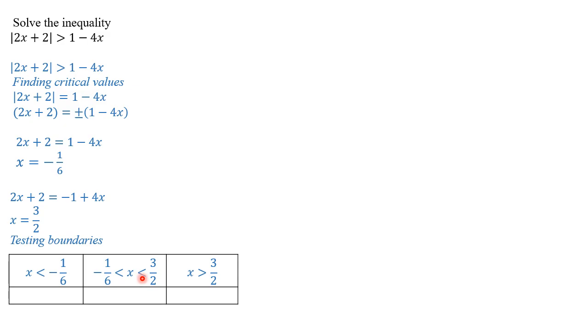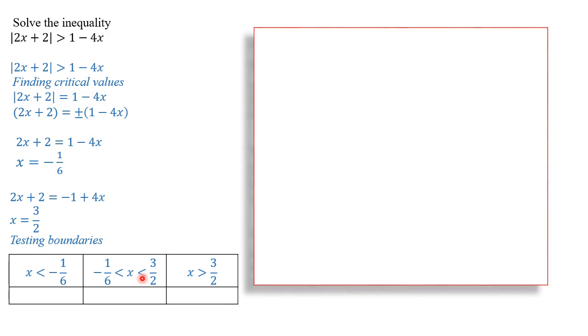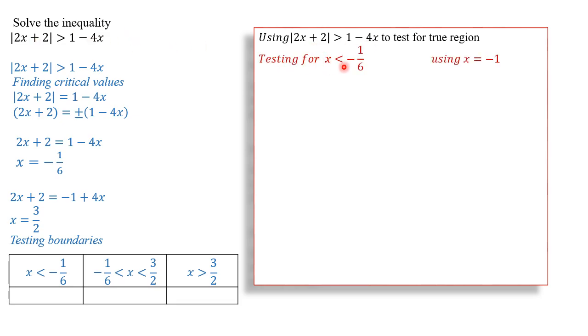If you have been watching videos on inequalities, I know you are now well versed with this method. We are testing using the original inequality for the true region. First, x less than minus 1 over 6, our first boundary.